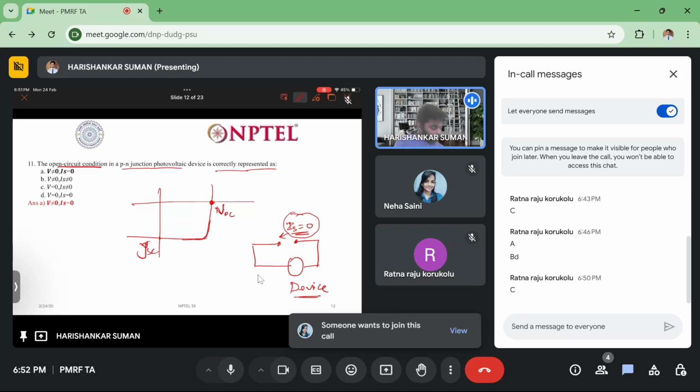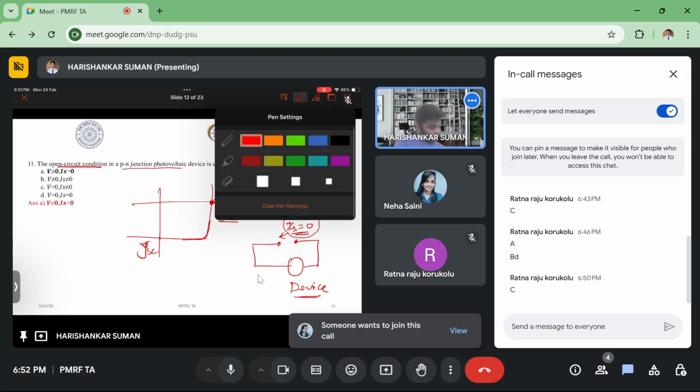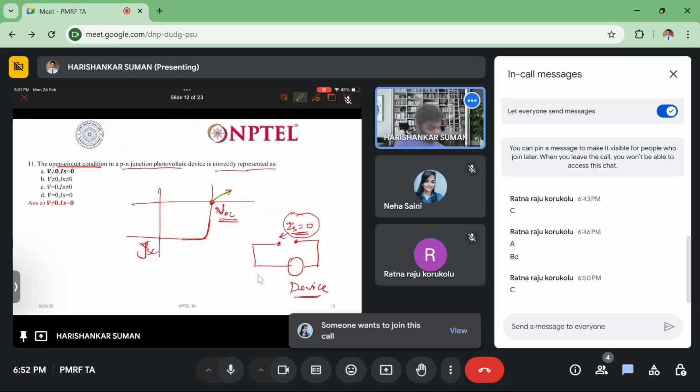here is the open circuit condition. This is the point VOC. Here this line goes to 0 current, but VOC, the voltage, is not 0.